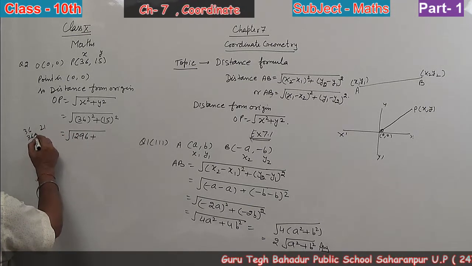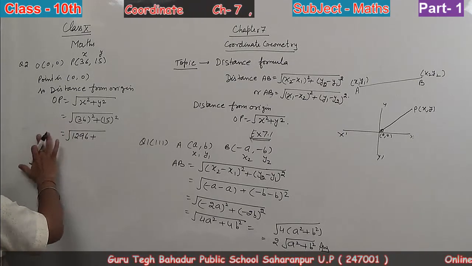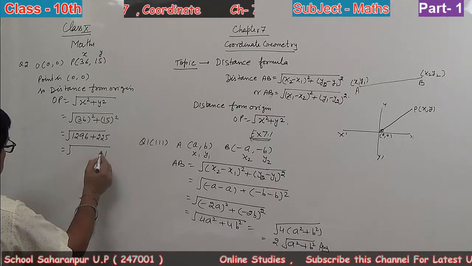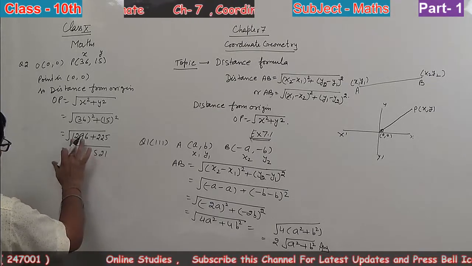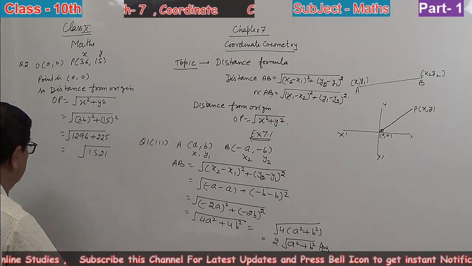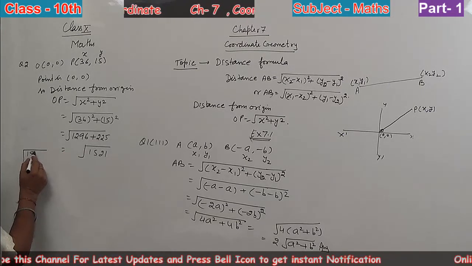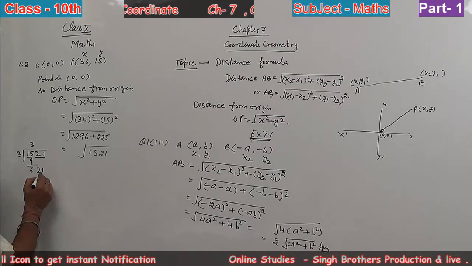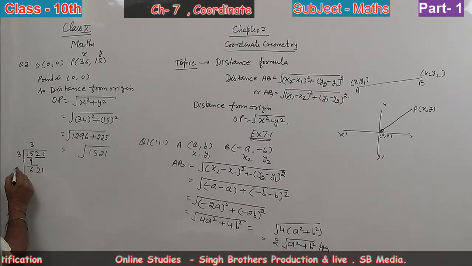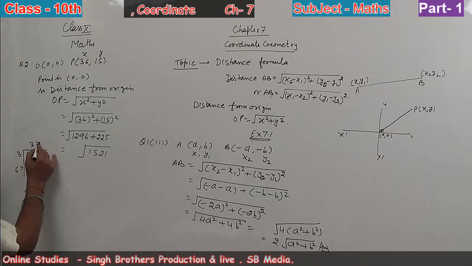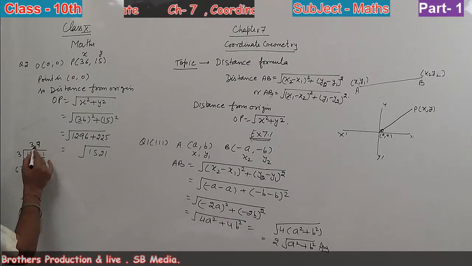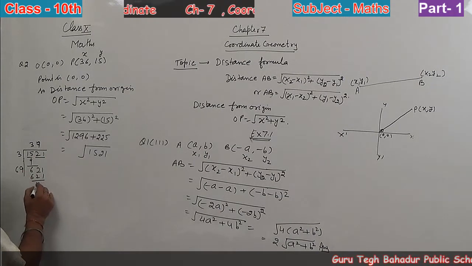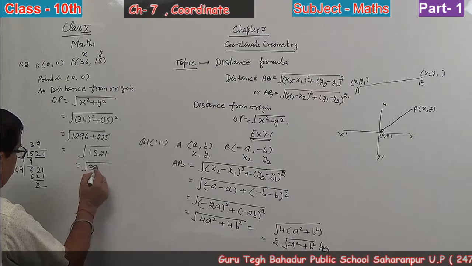Plus 225. Now adding, we get 1521. This is the square root of 1521. Taking the square root of 1521, we get 39 into 39.